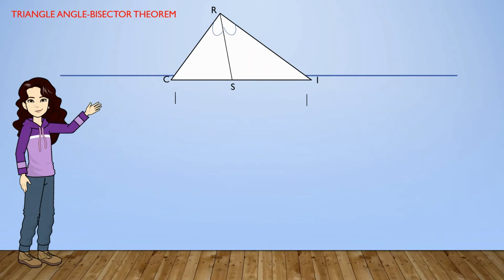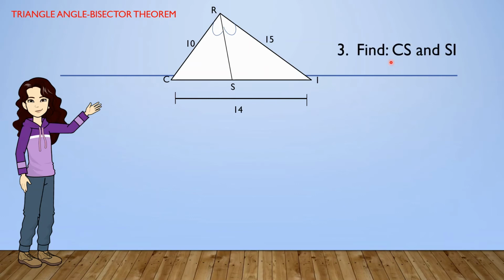Okay, another one. So we have triangle CRI with the angle bisector RS. The measure of segment CR is 10, segment RI is 15, and segment CI is 14.